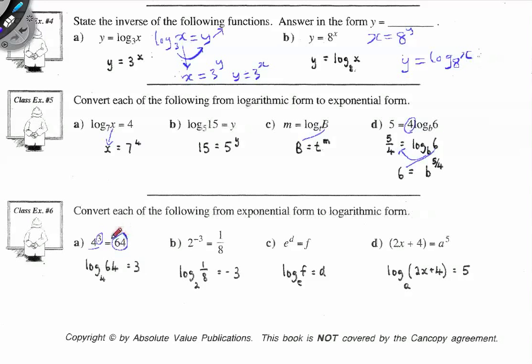So the number on the opposite side to the power is what gets logged. This is the base of 4, and the value equals 3. So it's just a way of remembering how to convert between one form and the other. Again, the value is going to be -3. Here's the base. Taking care of the -3, here's the base, so it must be log of 1/8, with the base 2, equaling -3.